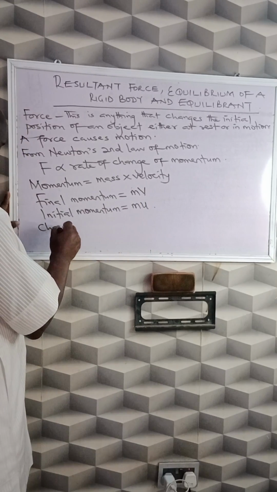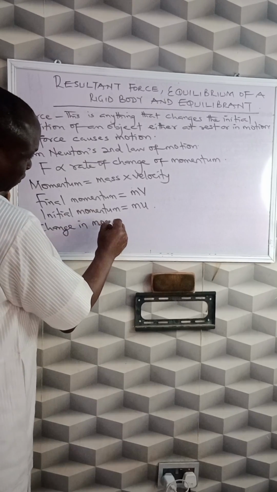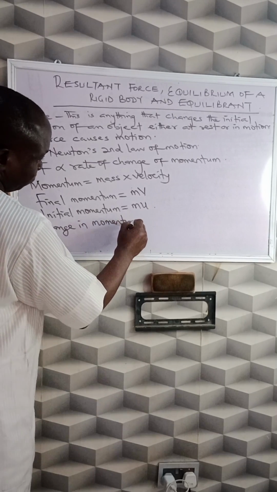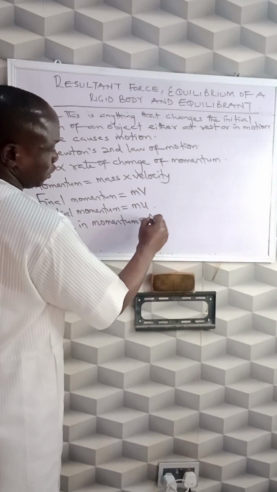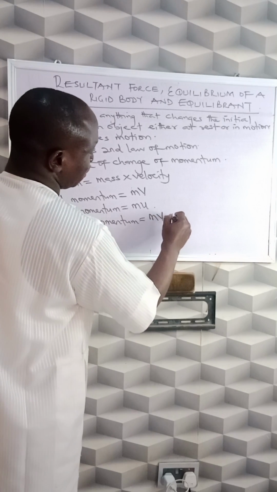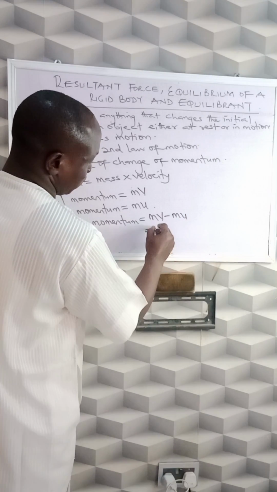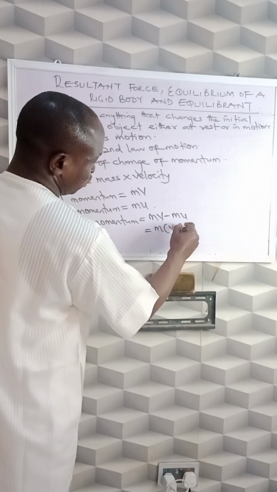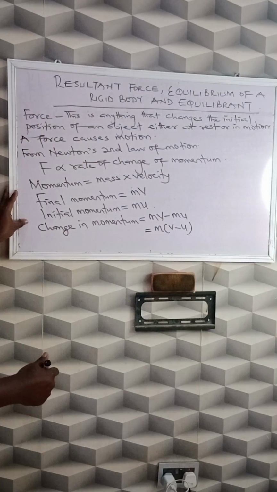So change in momentum is equal to final momentum minus initial momentum. So it will be mv minus mu. So this will give us m bracket v minus u. This formula represents change in momentum.